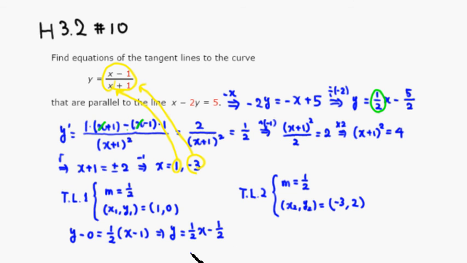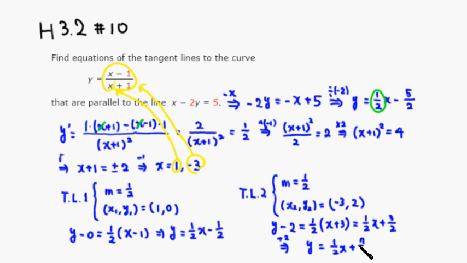For the second line, same way: y minus y2, which is 2, is equal to the slope 1/2 times x minus negative 3, so that will be plus 3. We can write it as 1/2 x plus 3 over 2. Then I can just add 2 to both sides to get y equals 1/2 x plus 2, which is 4 halves, so it's going to be 7 halves.